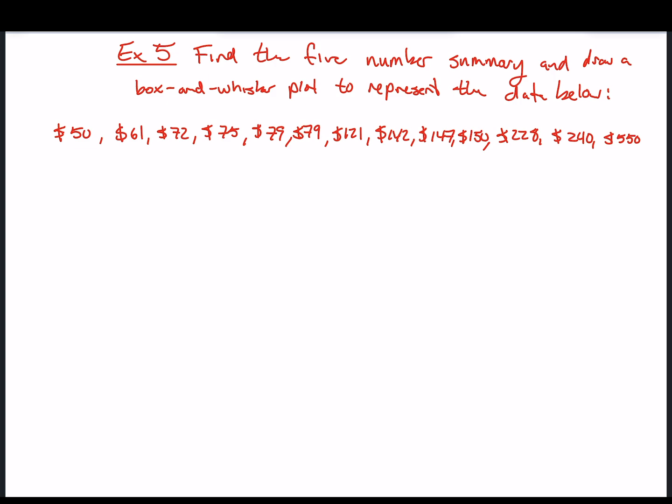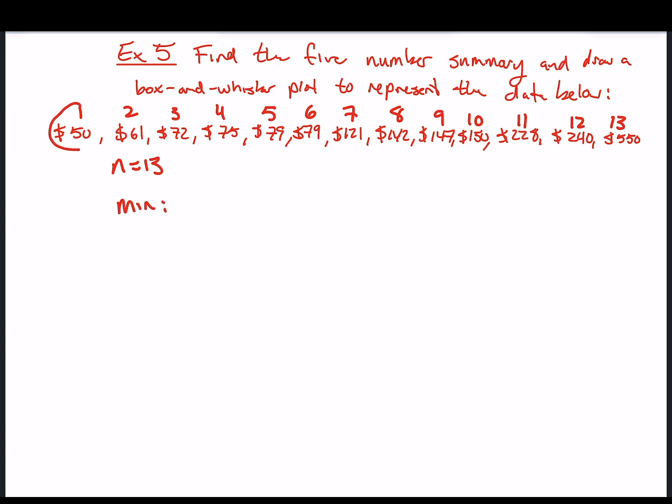What we do want to do is compute the 5-number summary. So the first thing I want to do is put an index or number these values. So 1, 2, 3, 4, 5, 6, 7, 8, 9, 10, 11, 12, and 13. So our n is equal to 13.